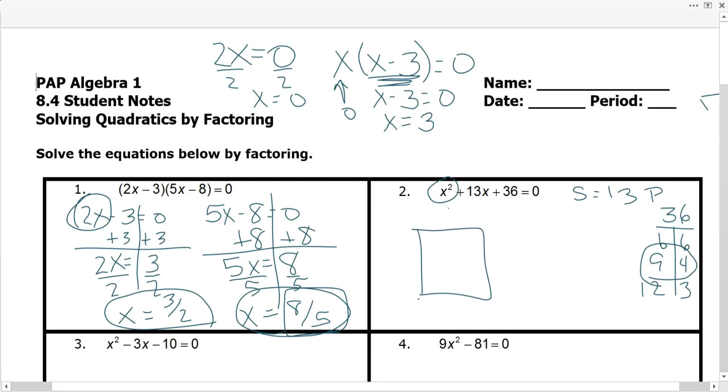So I'm going to draw my box. I'm going to put x squared in the top one. I'm going to put 36 in the bottom right. Instead of 13x, I'm going to put in a 9x and a 4x.